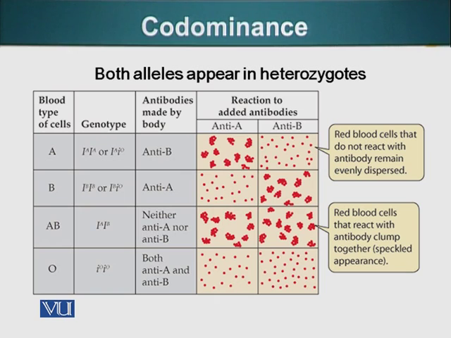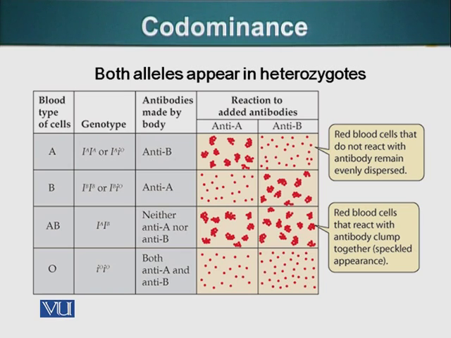This is basically an example of codominance. Both A and B genes are expressed simultaneously in people who have AB blood group. They make both these A and B elements and display them on their surface. That results in a phenomenon called codominance.